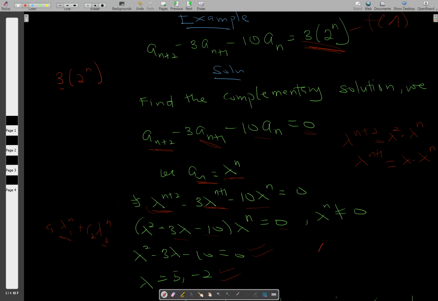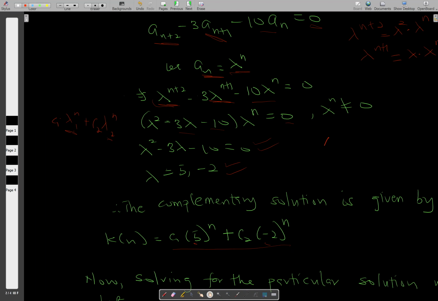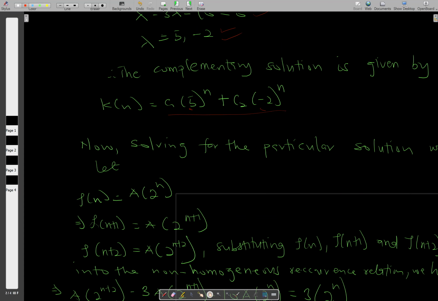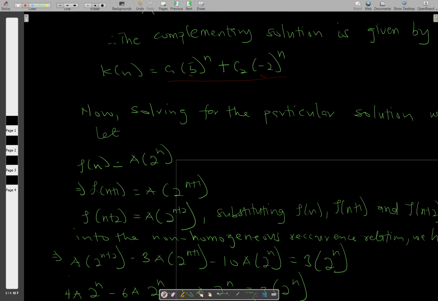This 3 is an arbitrary constant, so we can let r of n be any constant, a times 2 exponent n. Therefore, if we let r of n be a times 2 exponent n, then r of n plus 1 is going to be this, and r of n plus 2 is going to be that.